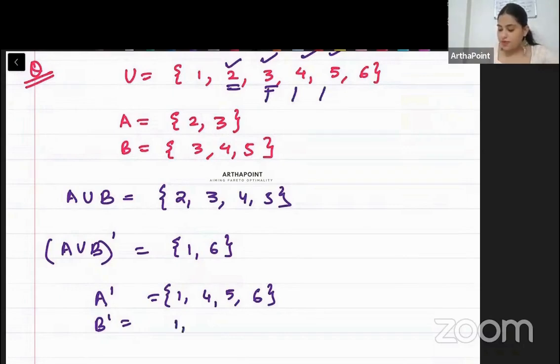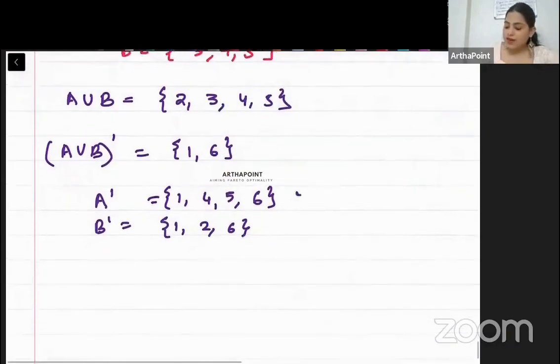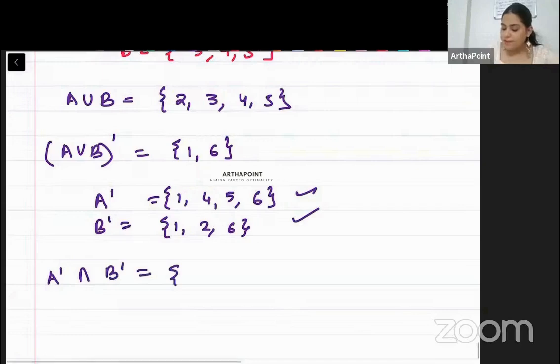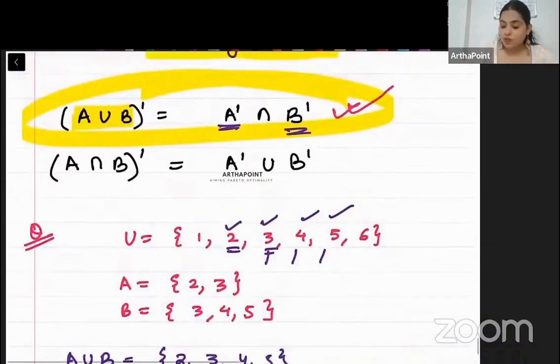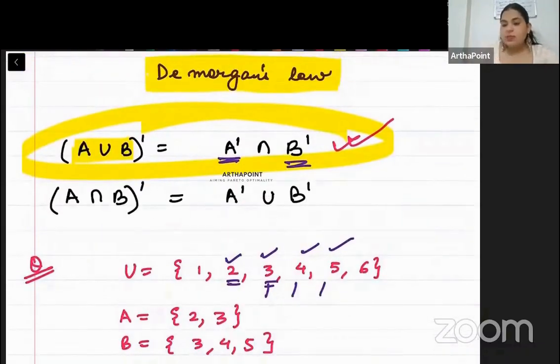So B complement will be 1, 2, and 6. Now find the intersection between these two. A complement intersection B complement will be beta 1 and 6. Because only this is common now. 1 is common and 6 is common. So we have proved De Morgan's law. We have proved that A union B complement is equal to A complement intersection B complement.